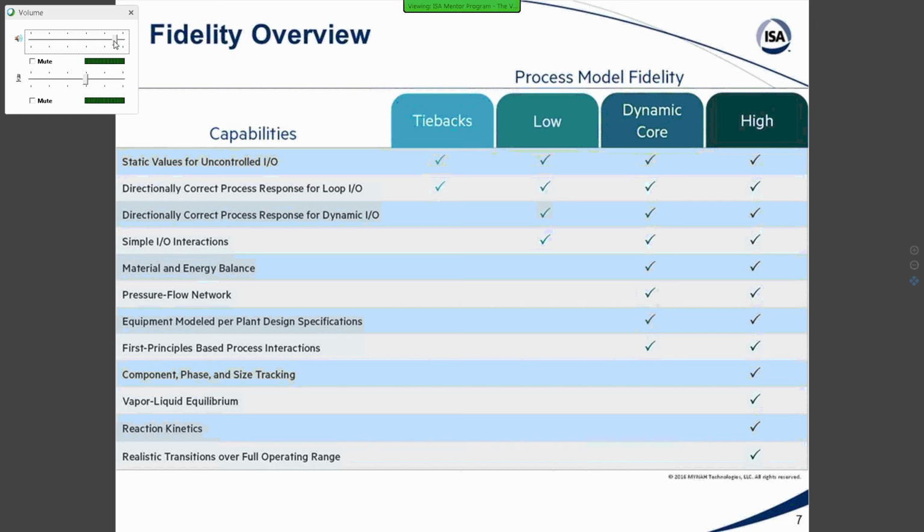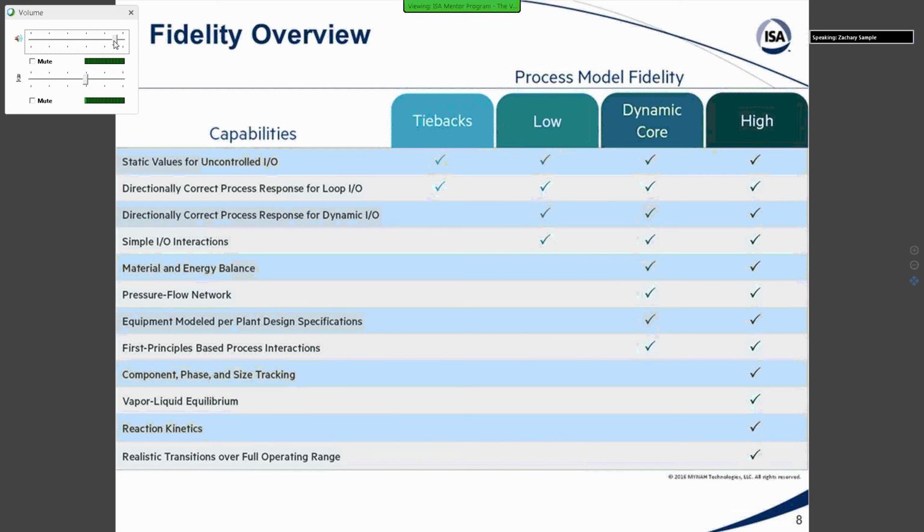Okay, so what we're looking at right here, and I'm going to pull this graphic up a couple times during the presentation, is what are the capabilities of different modeling fidelities, and what we were just looking at is the tieback level of modeling fidelity, which really does only two things here. It provides static values for all the uncontrolled I/O, and it provides directionally correct process responses for loop I/O.